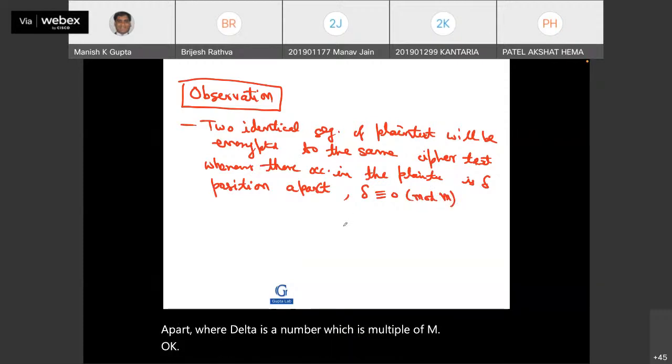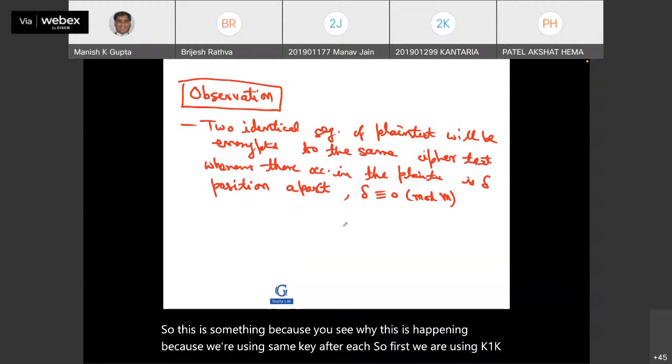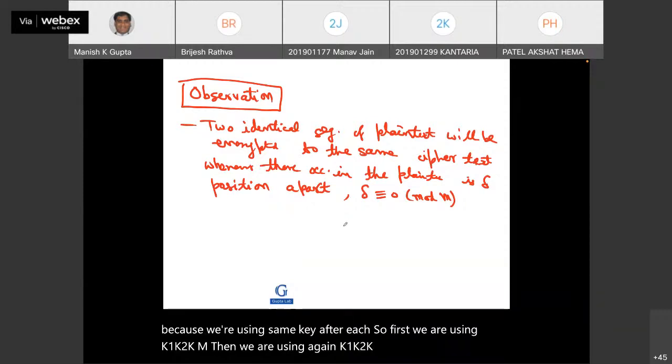You see why this is happening: we are using the same key again and again. First we use k1, k2, ..., km, then we use again k1, k2, ..., km. So this m is the important thing.